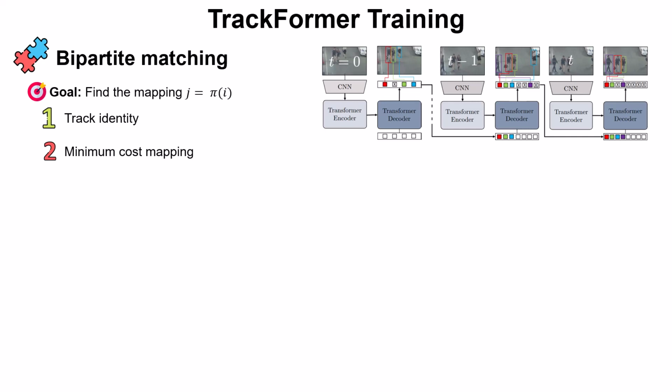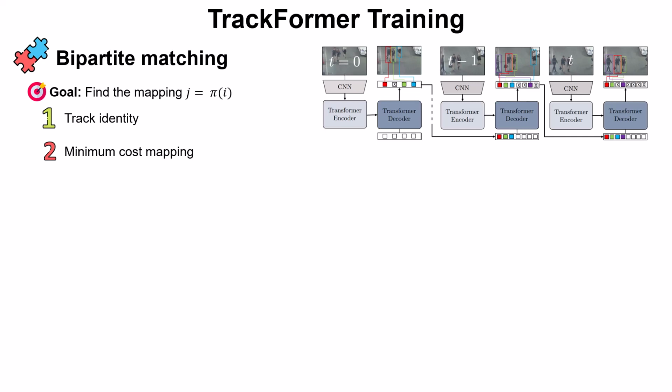I just did it for you: we are passing some output tokens from the output of the transformer decoder to the input tokens of the next transformer decoder. And I said the red token should represent the same object as it was in the previous frame. That's how we track the identities. So that's simple to define, right? For the objects that we saw before, we can simply track them this way.